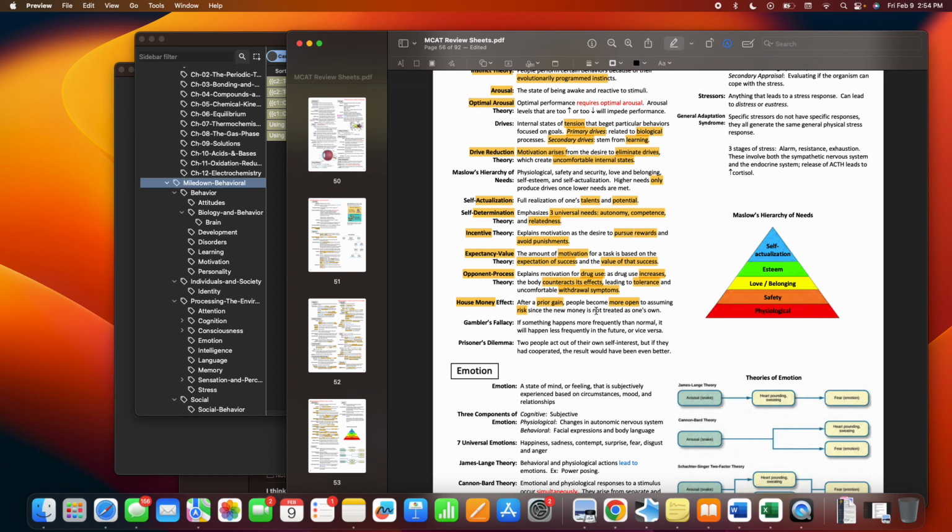Why? Because the new money is not your own. Gambler's fallacy. Is this related to casinos? The gambler's fallacy: if something happens more frequently than normal, it will happen less frequently in the future, or vice versa.